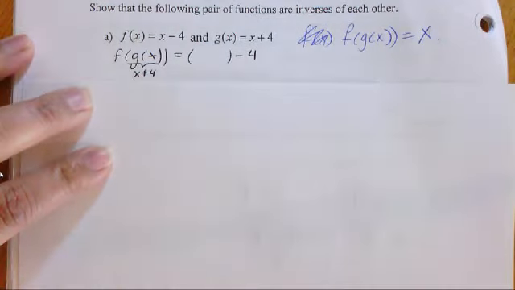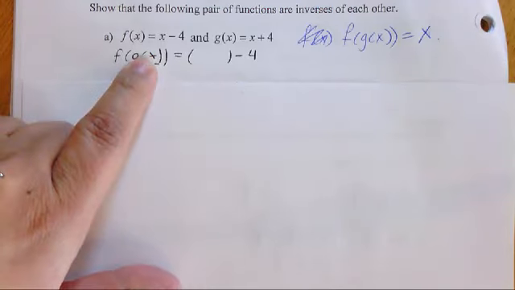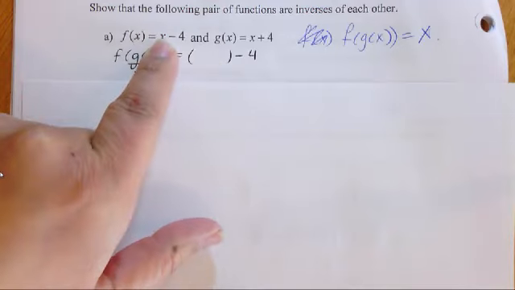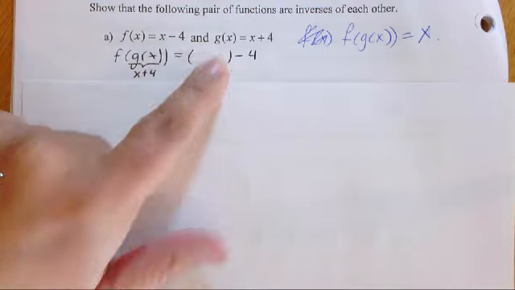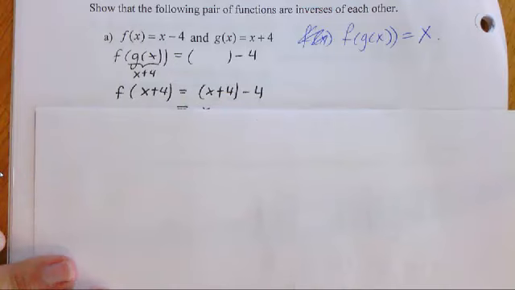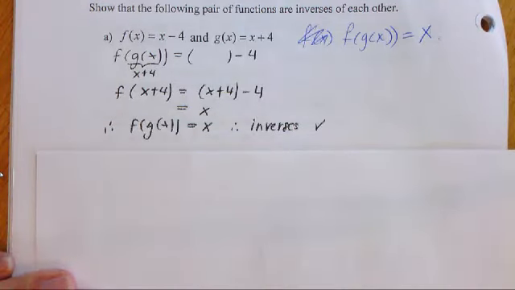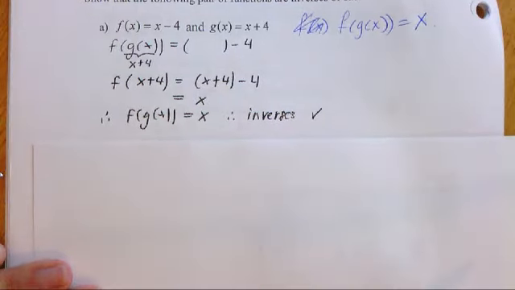So the steps to run through that are, we put our x plus 4 in place here and substitute that in the original f of x. Once we do that, we simplify what we have and we end up with x. So they are inverses of each other.